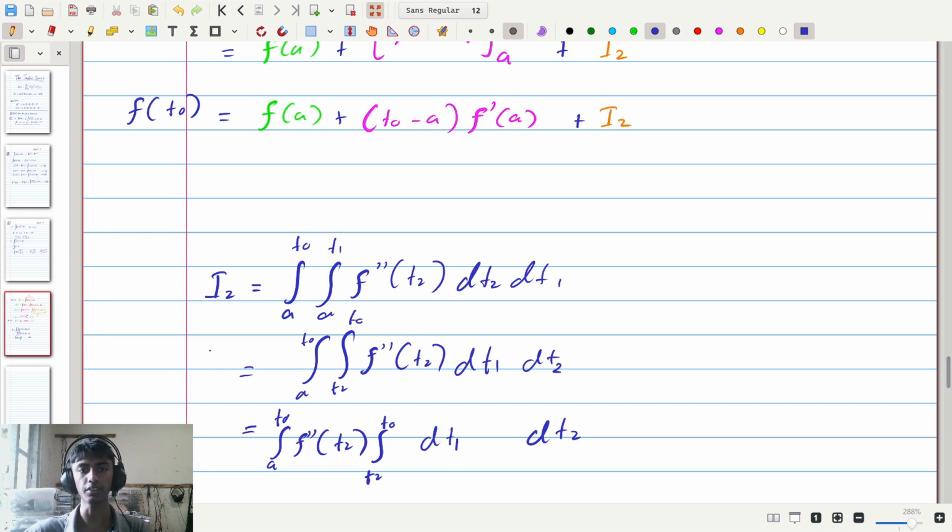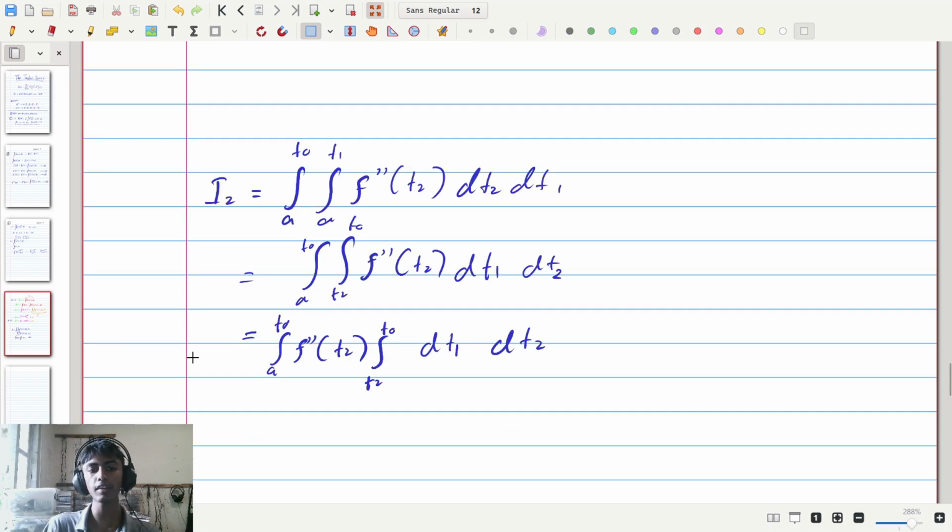So then we have this. Bringing this dt2 a little closer, we can simplify it to this. So here what I've done basically is taken f double prime of t2, which is independent of the value of t1, out of the integral, and then I have simply just a 1 left in here. So we're integrating basically 1 dt1 here, and then this thing dt2.